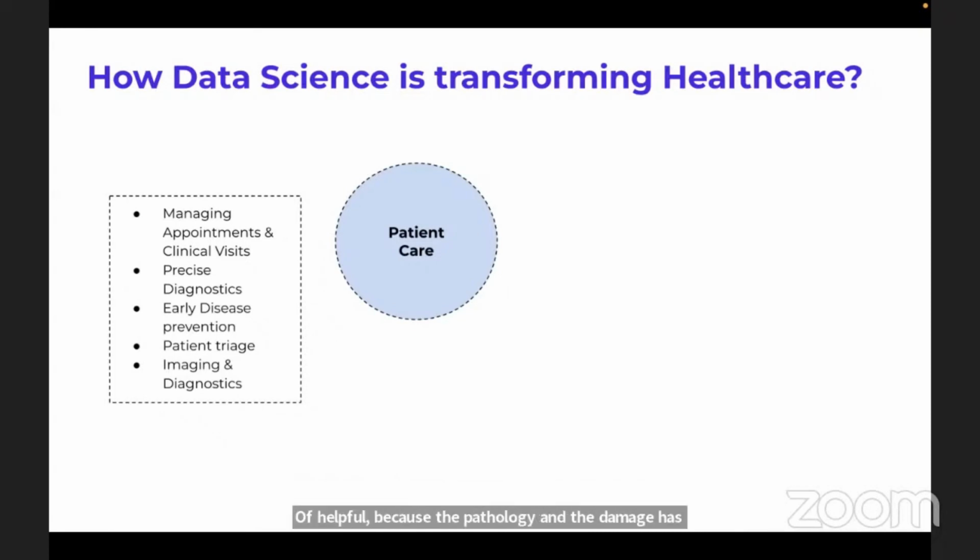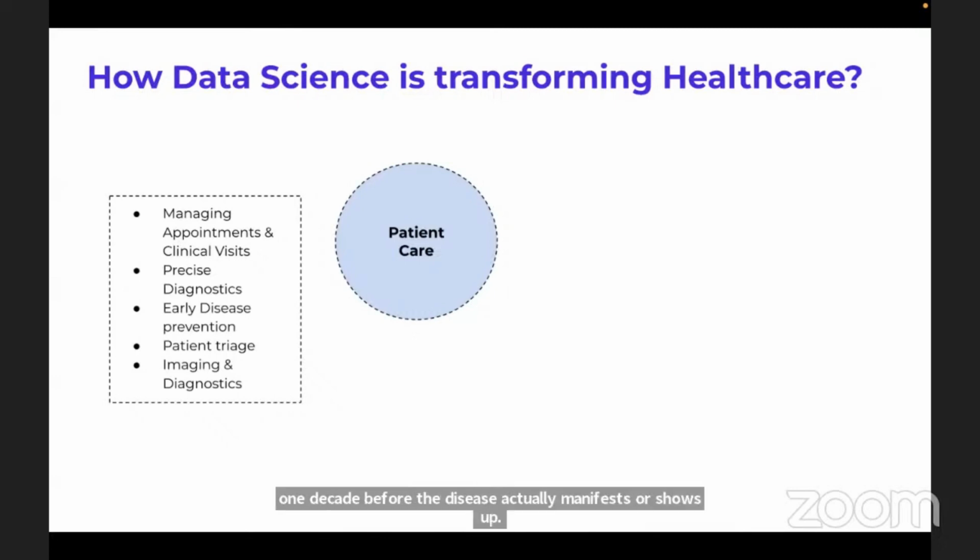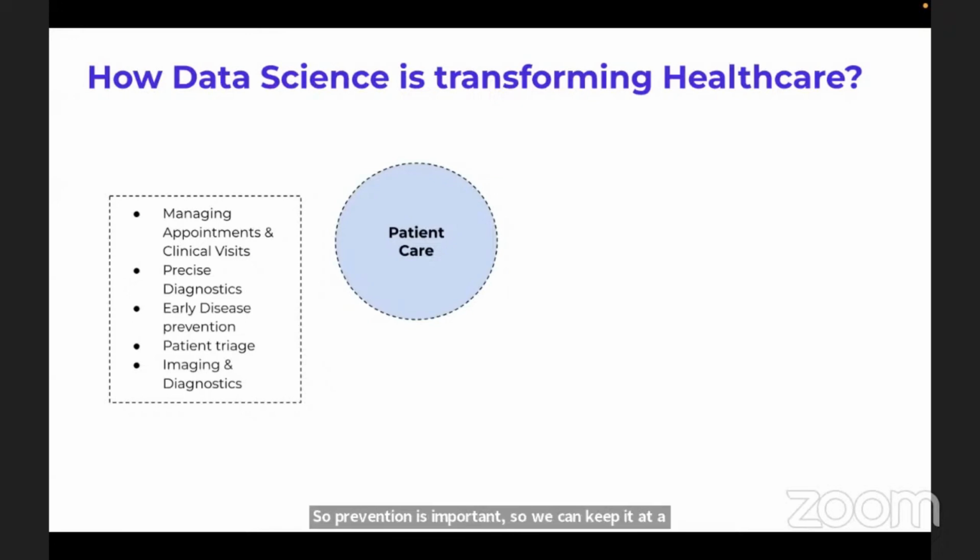People are saying that the damage occurs at least 1 decade before the disease actually manifests or shows up. So prevention is important. We can prevent it at a much earlier stage, and maybe lifestyle modification may be implemented 1 decade back. That will, of course, increase the efficiency and reduce mortality and morbidity.